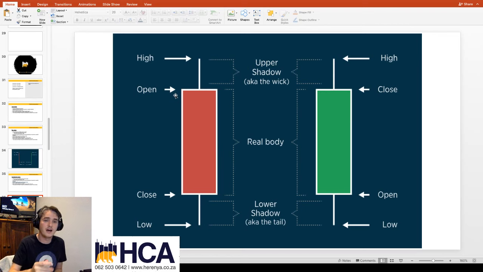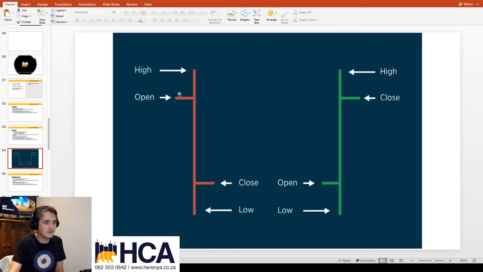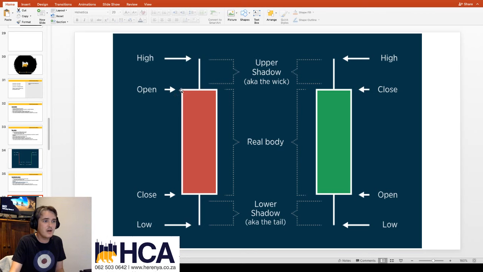Again, we have a high and a low, and we have the open and closing price being plotted, but instead of it sticking out on one side, like it does with the bar chart, and the other side to indicate open and close, we now have just a flat line and we color the inside of the candle a different color to indicate where the open and close was.